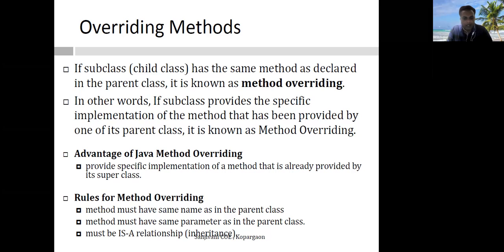When a same signature method is defined inside the base class as well as inside a derived class, such a mechanism is called method overriding in Java.